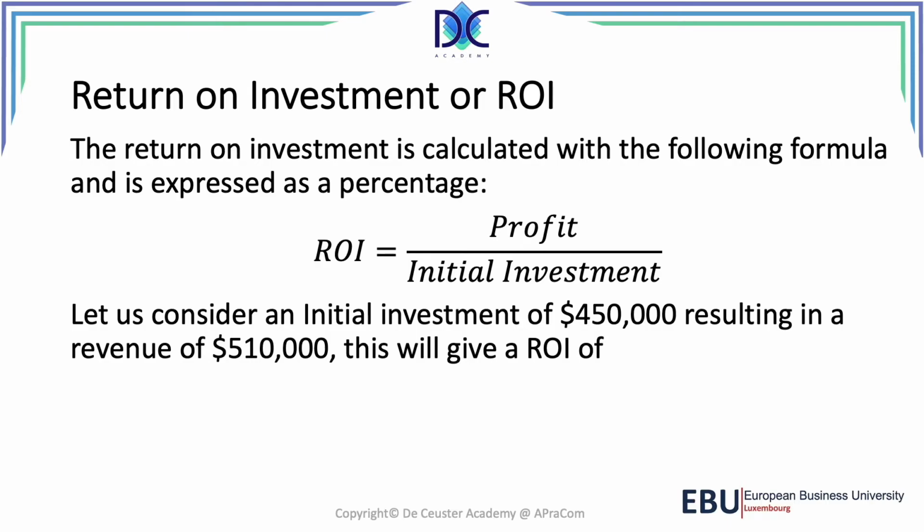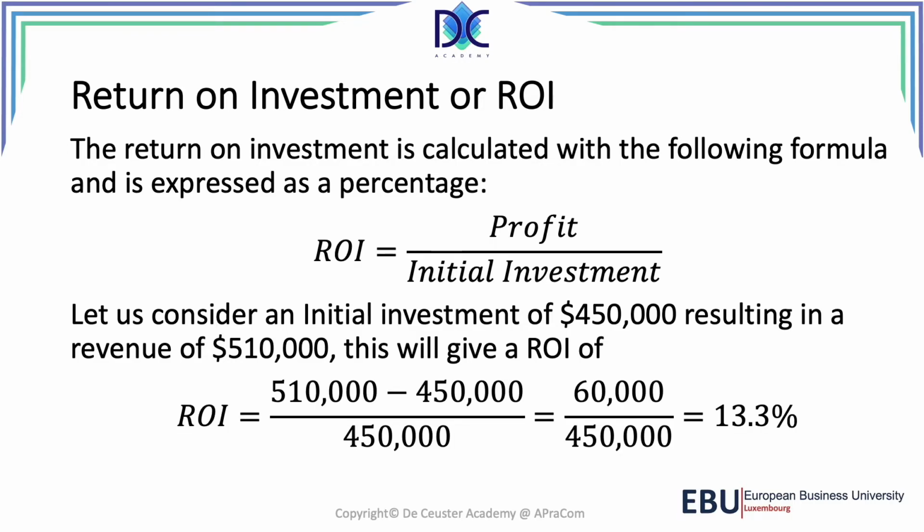It gives at the end of the evaluation a profit of 510,000, not really a profit, I should say here a revenue of 510,000, that is better. And this will give an ROI of 510,000 minus 450,000, so the revenue minus the cost divided by the initial investment gives us, in fact, 13.3%. We can ask the same question, is this acceptable, yes or no?